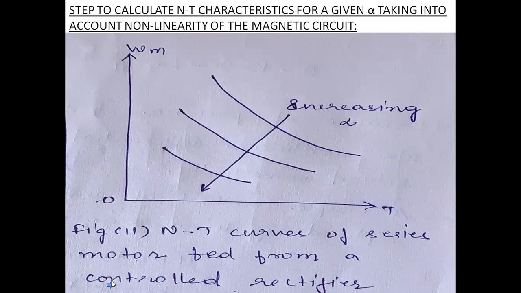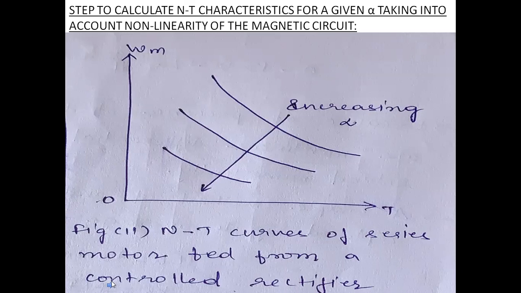So from both equations, if you substitute the known value of alpha, we can calculate the value of VA, depending upon the rectifier circuit used. If it is a half rectifier or a full rectifier, the formulas will be different, and we have to apply the respective formulas. This is the third step.